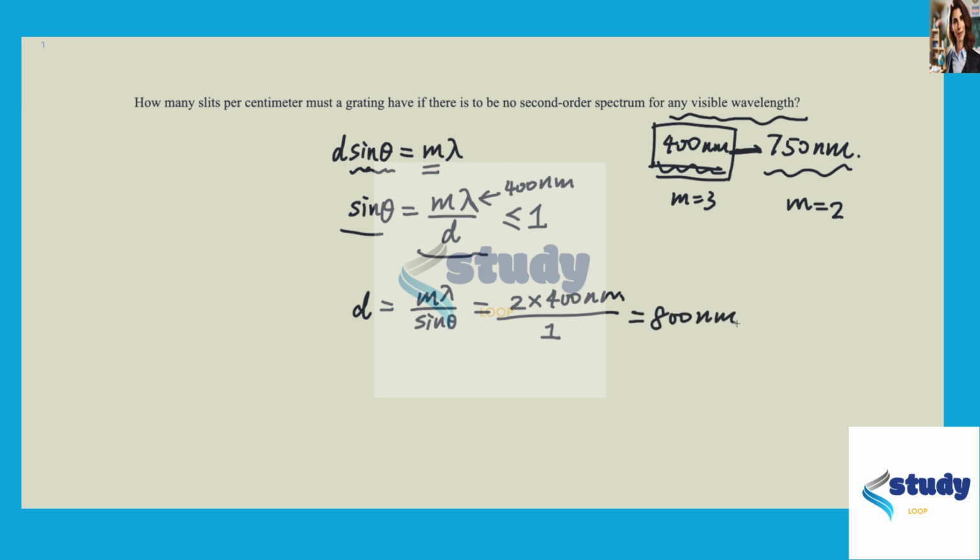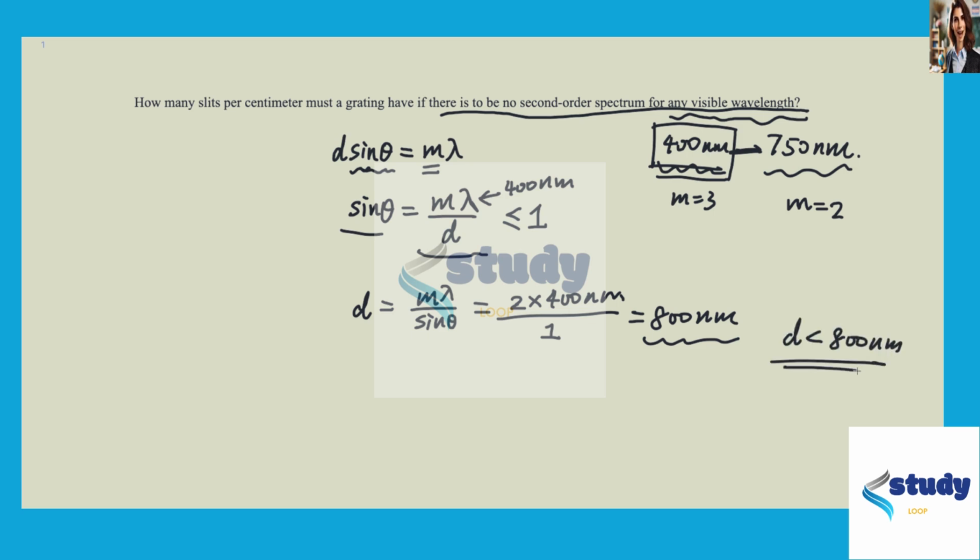This is a critical value, the maximum spacing we can have if we want to just see the second-order spectrum for the lowest visible wavelength. So if we want no second-order spectrum, we want d smaller than 800 nanometers.